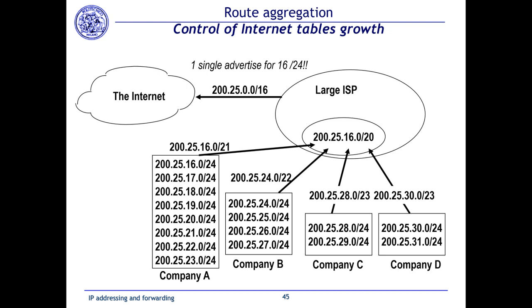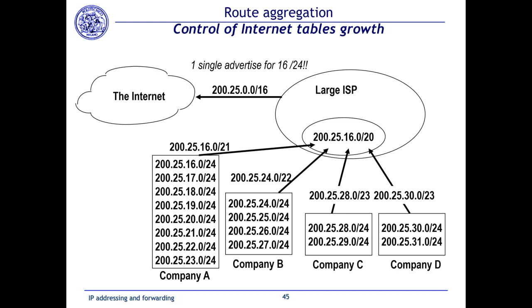For example, here you can use a /23 that is aggregating two /24s, a /22 in this case aggregating four /24 networks, and a /21 in the other case.